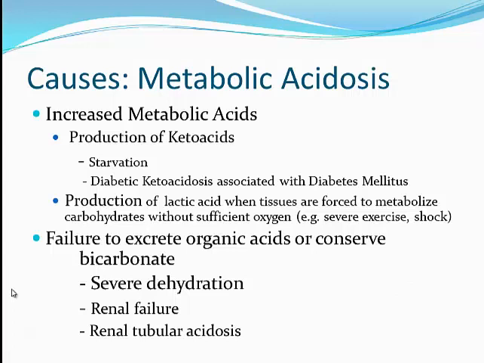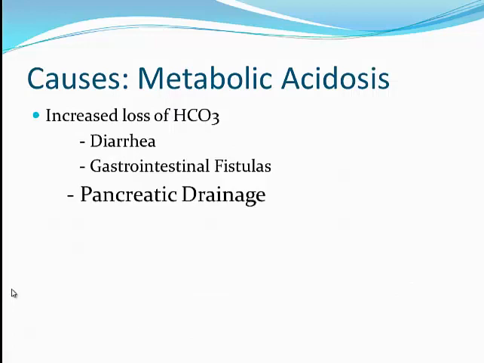Production of lactic acid when tissues are forced to metabolize carbohydrates without sufficient oxygen, so severe exercise or patients who are in shock. Failure to excrete organic acids or conserve bicarbonate, so severe dehydration, renal failure or renal tubular acidosis. Increased loss of bicarbonate, so through diarrhea, a gastrointestinal fistula, or pancreatic drainage.